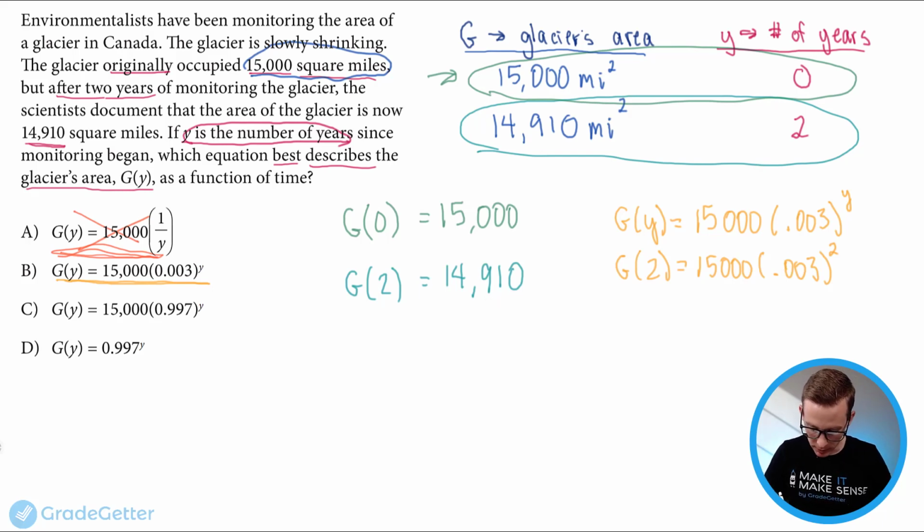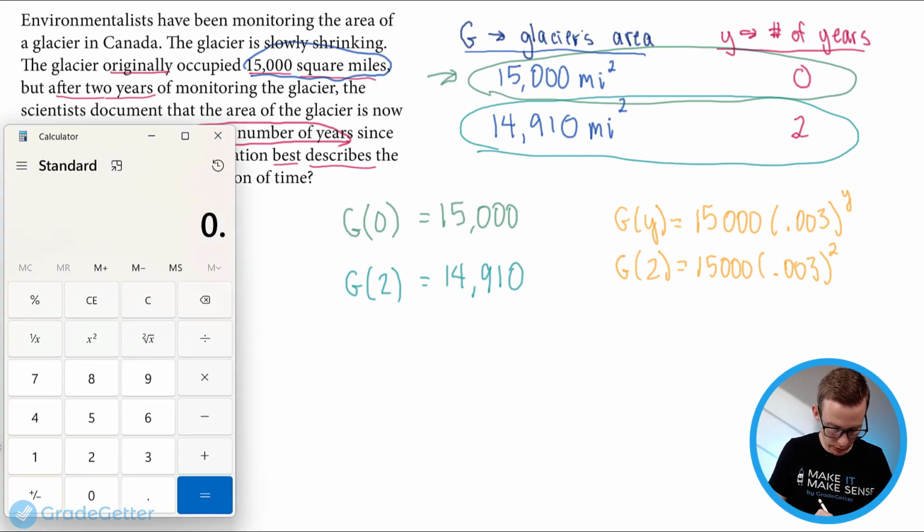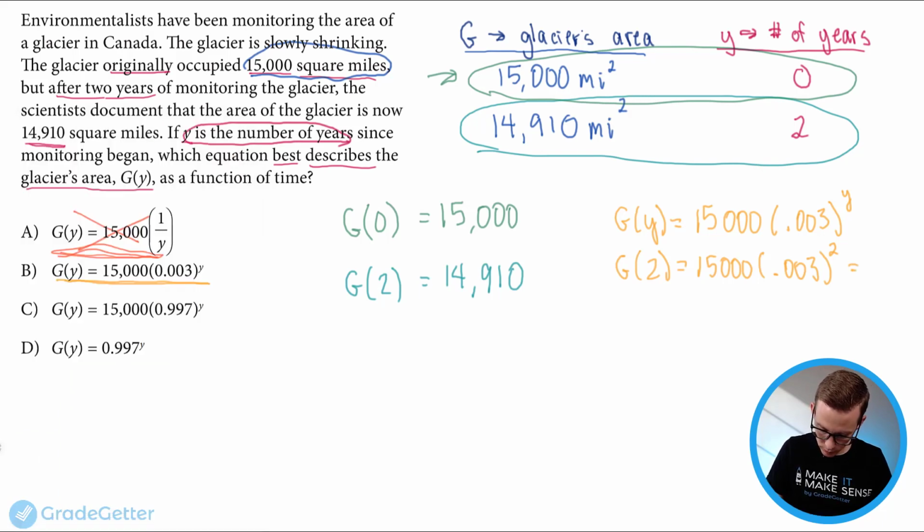I'm going to plug this into my calculator and see if that's what I get. So 0.003 squared, that's to the second power, times 15,000 gives me a really tiny number, 0.135. So that's not correct either. B is out.